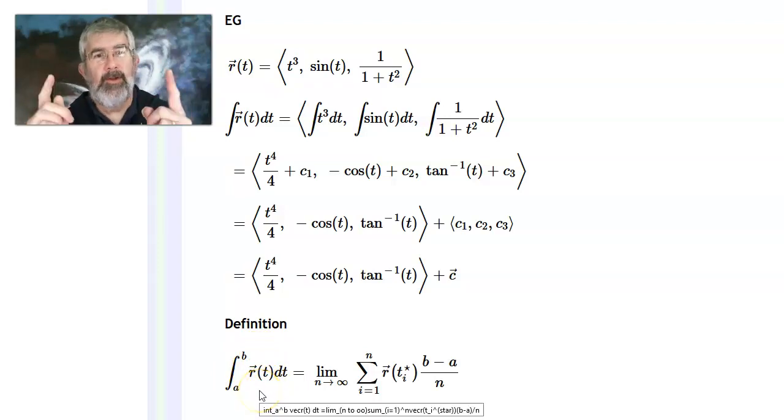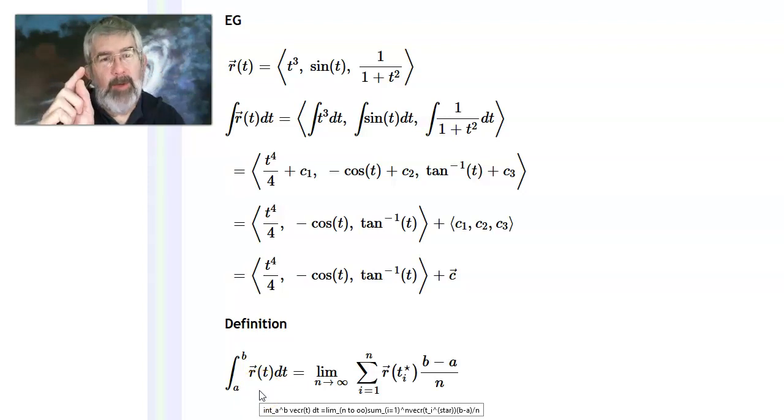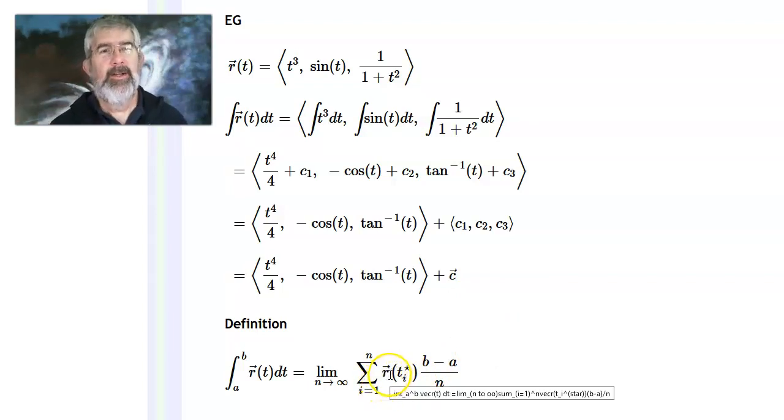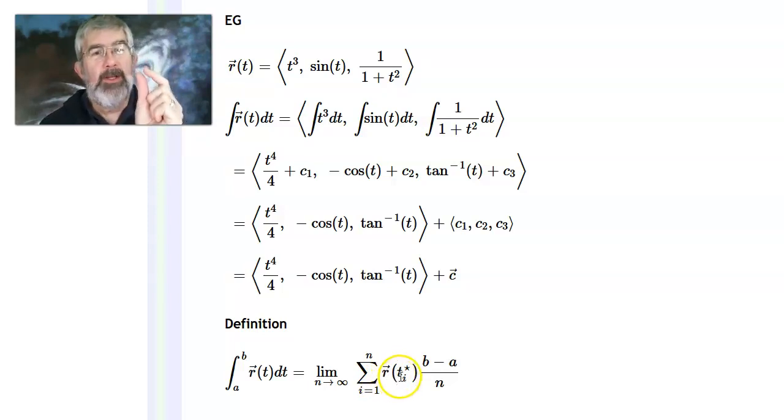And so you take that interval and cut it up into a bunch of little pieces, and in each piece you grab one particular value, in the ith subinterval, called t_i star.